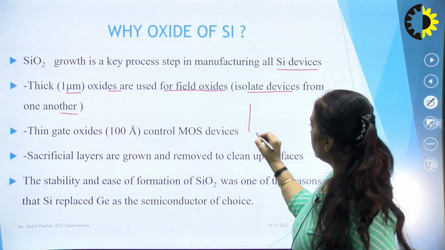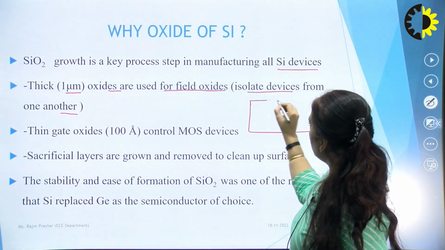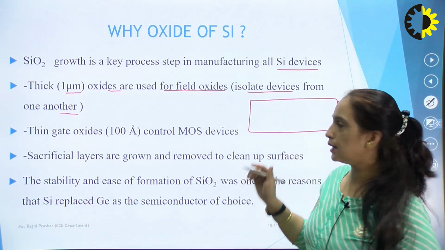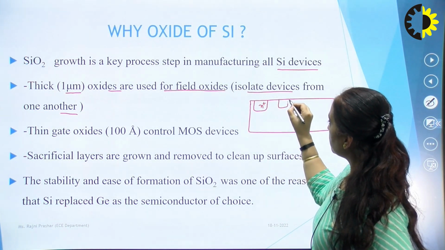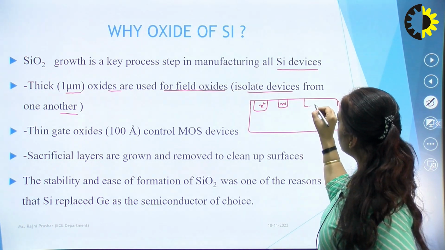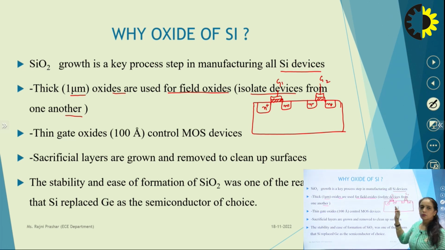Because we are talking about VLSI technology, we have to form a large number of MOSFETs over a single IC, a single wafer. For example, we have a first MOSFET and a second MOSFET, with gate 1 and gate 2, fabricated on the same substrate.